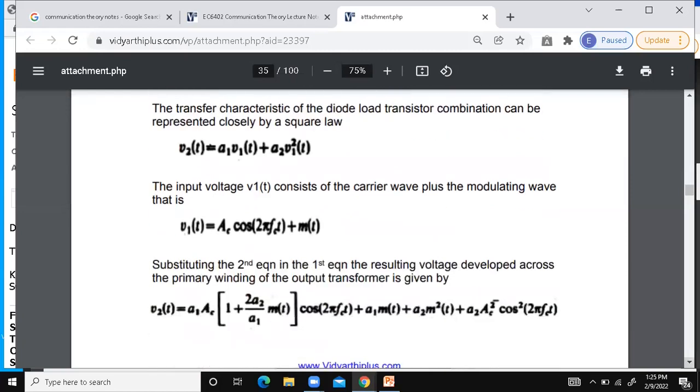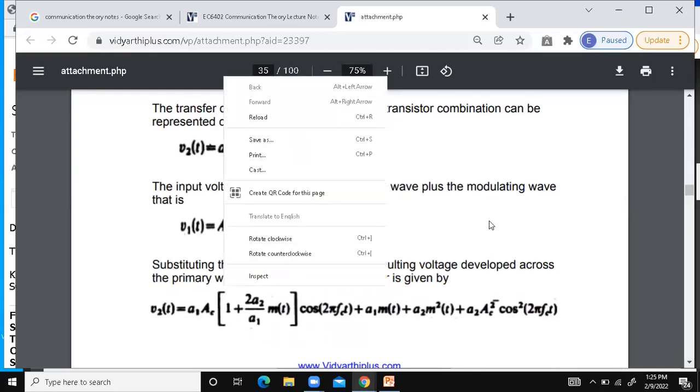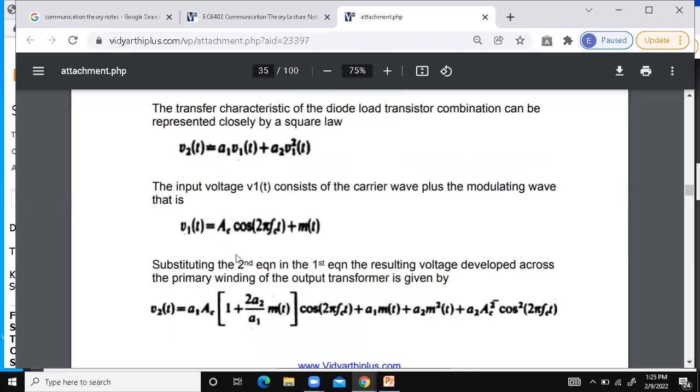So if we substitute that in the square law, right? We get this nice little mess. So we put in this for V1 here, and we do the expansion. Right? And that is what we get for this equation.